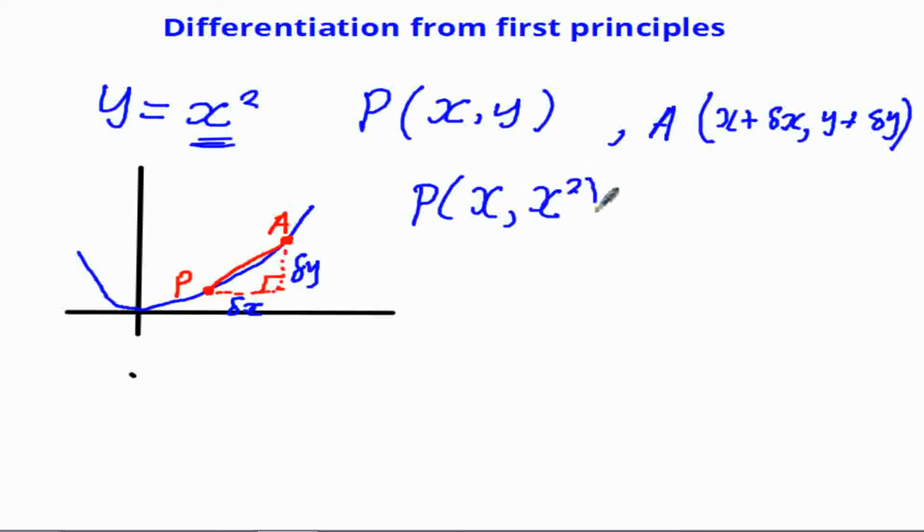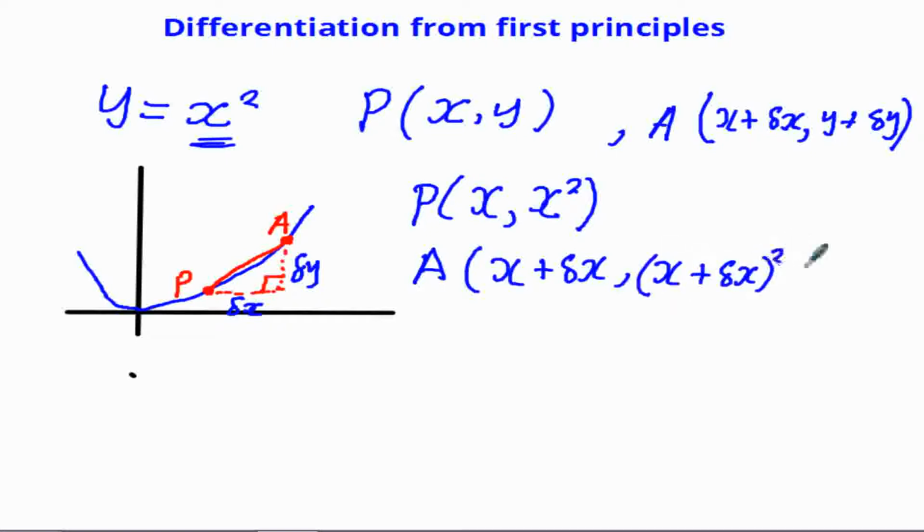Then the coordinate of A can be written as x plus the small change in x, and our x plus the small change in x, all of it squared in bracket.